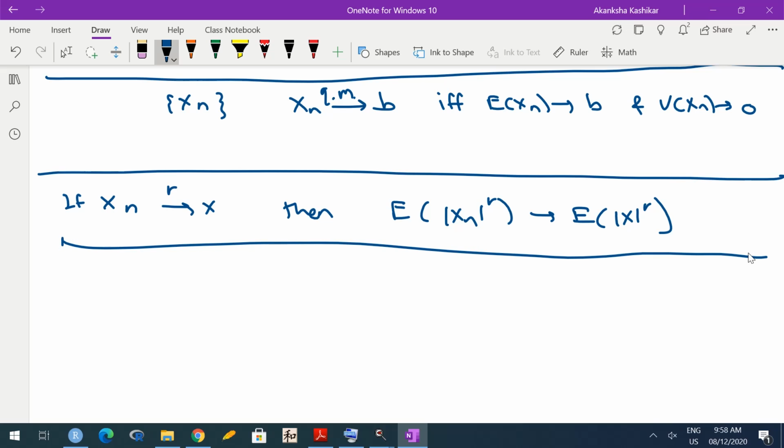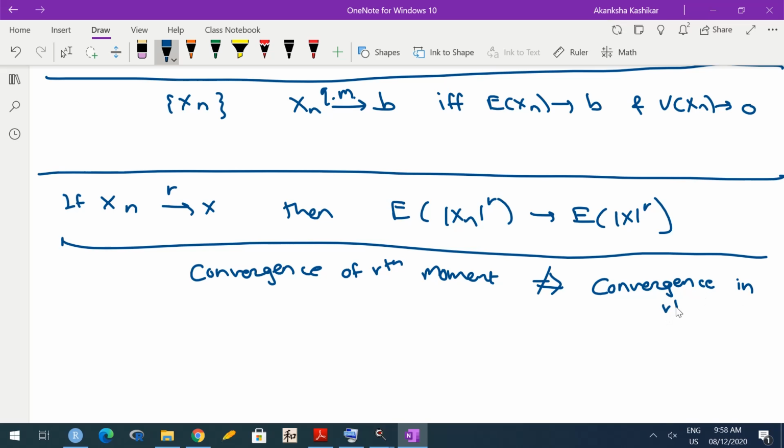However, the reverse result is not true. Means if we have convergence of moments, that does not necessarily mean convergence in the corresponding mean. So convergence of rth moment does not imply convergence in rth mean.